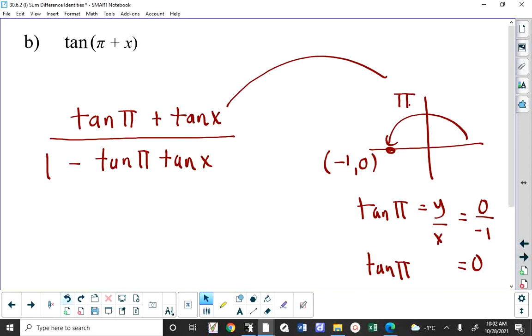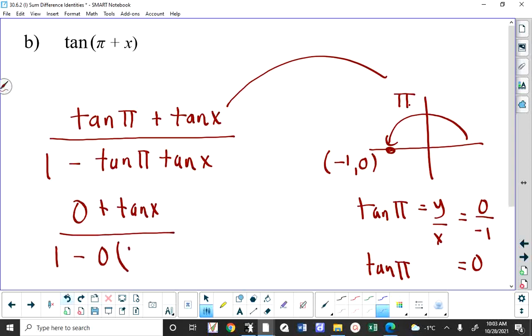By the way, we don't even have to worry about 45 degrees. Tangent of pi is 0, so let's just put 0 in there, see what happens. You get 0 plus tangent of x over 1 minus 0 times tangent of x.